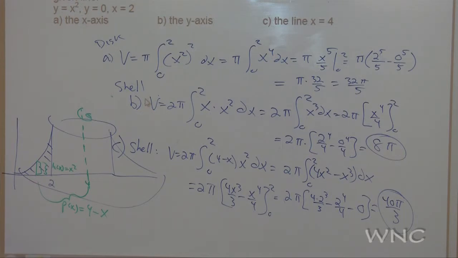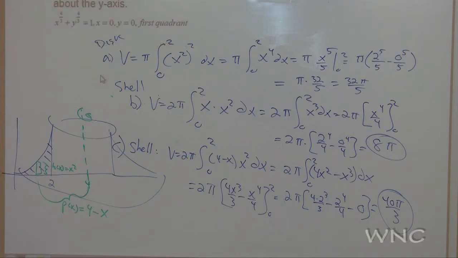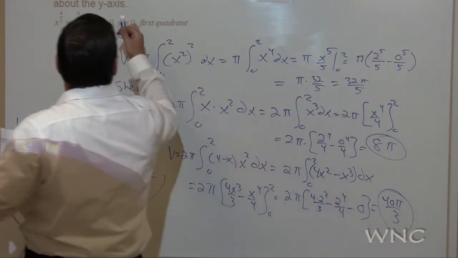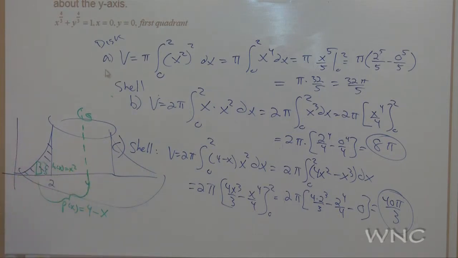Okay. We're going to the last example from this section. Use a graphing utility to graph the plane region bounded by the graphs of the equation. Use the integration capability of your calculator to approximate the volume of the solid generated by revolving the region about the y-axis.